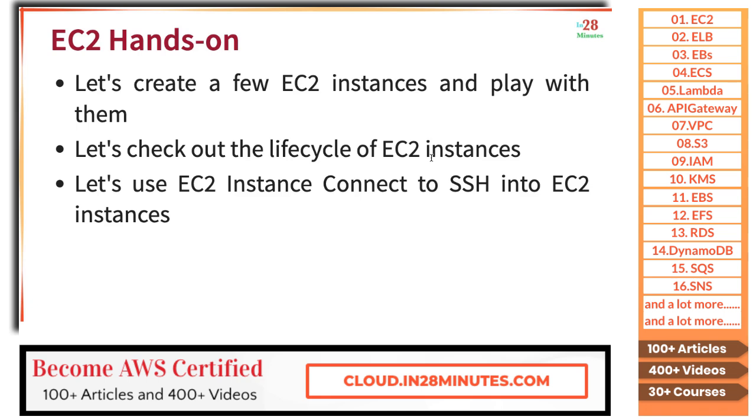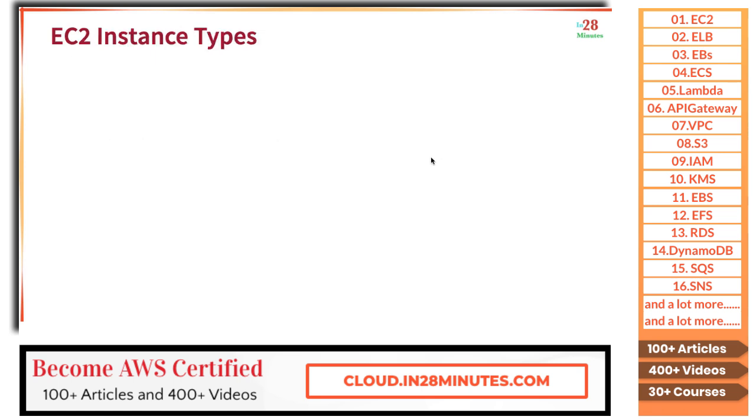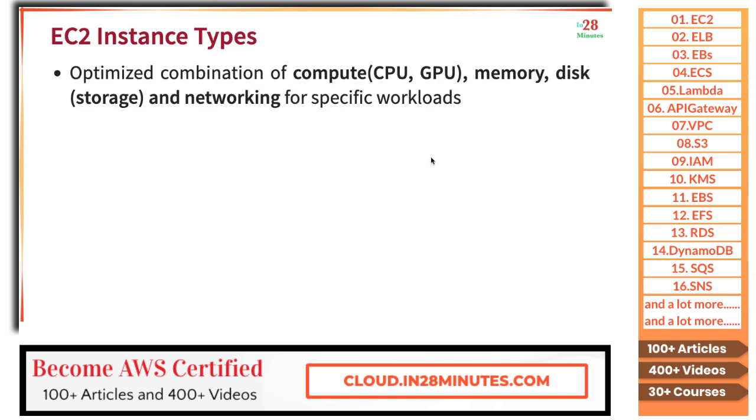Welcome back. In the previous step, we started the hands-on for EC2 instances. We launched an EC2 instance, and in this step, while we wait for the EC2 instance to launch, let's quickly review the concept of an instance type. There are a wide variety of workloads for which you would want to use EC2 instances, and AWS has created an optimized combination of compute, memory, disk, and networking for specific workloads.